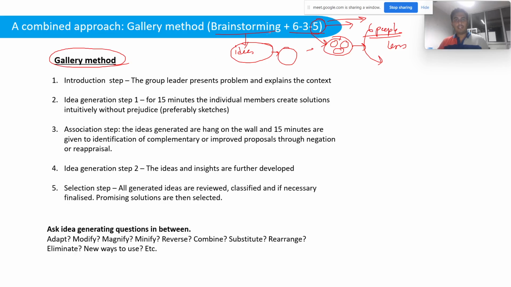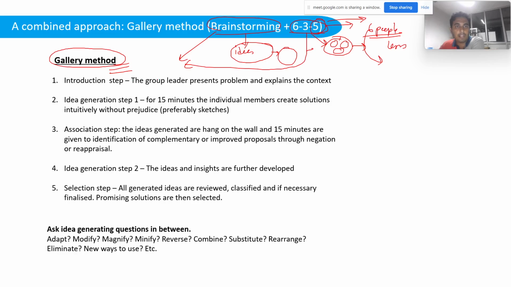So if we take the positives of both these methods, brainstorming and 65, what we end up with is something known as the gallery method. It is a combination of both methods.